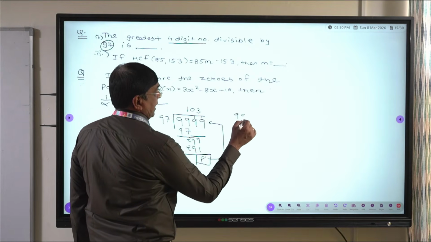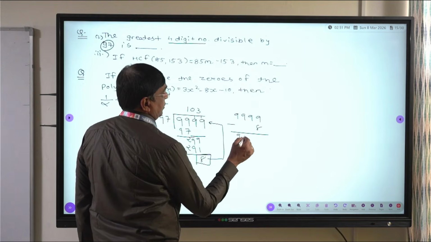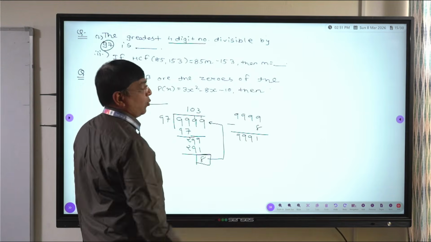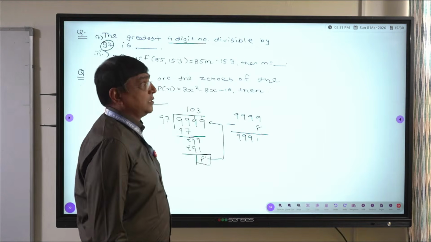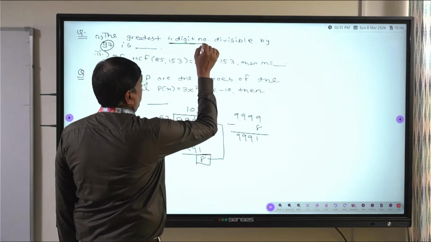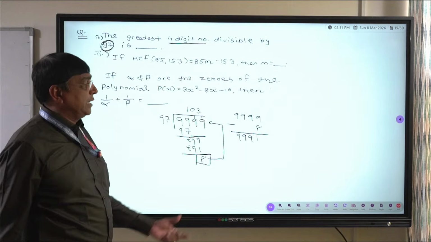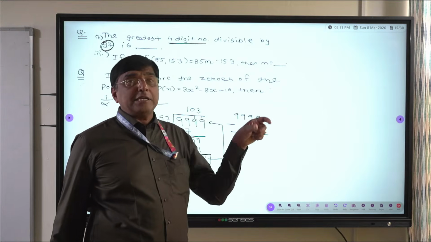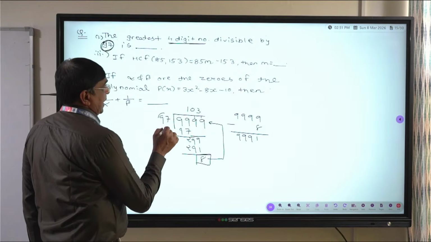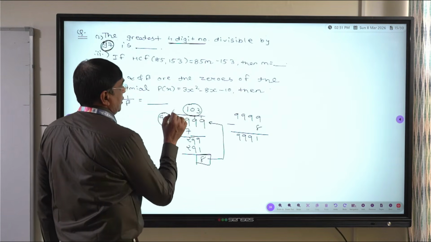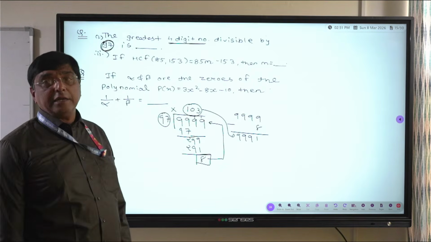So if we subtract 9999 minus 8, we get 9991. 9991 is the greatest 4-digit number which is divisible by 97. Meaning this number comes in the table of 97. Nothing but 97 into 103 is your 9991.